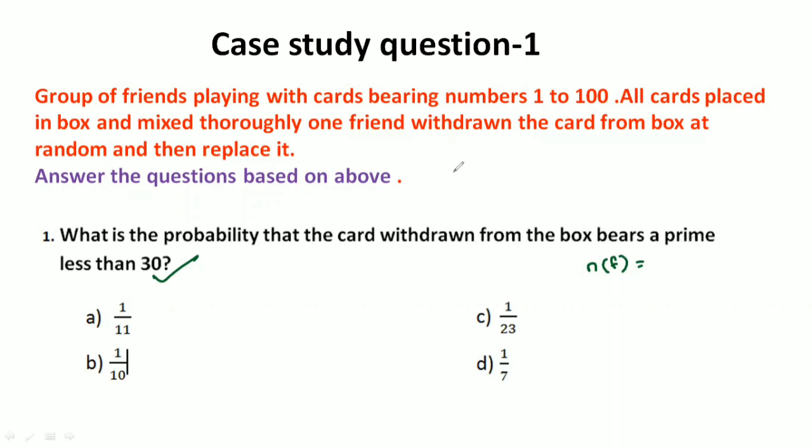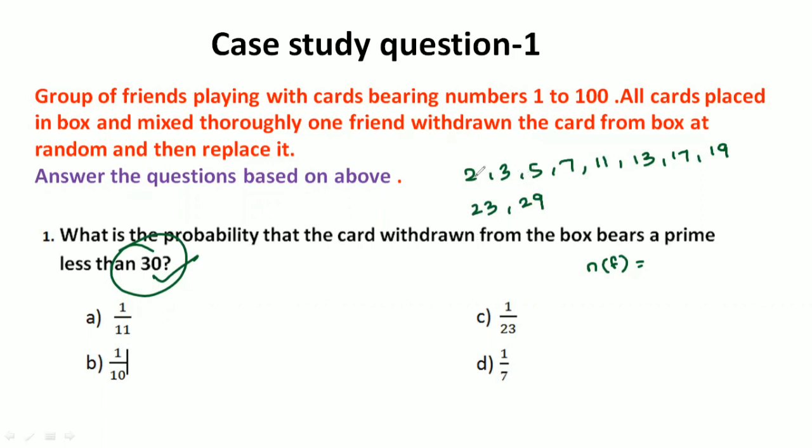So now let us write the prime numbers which are less than 30: 2, 3, 5, 7, 11, 13, 17, 19, 23, and 29.